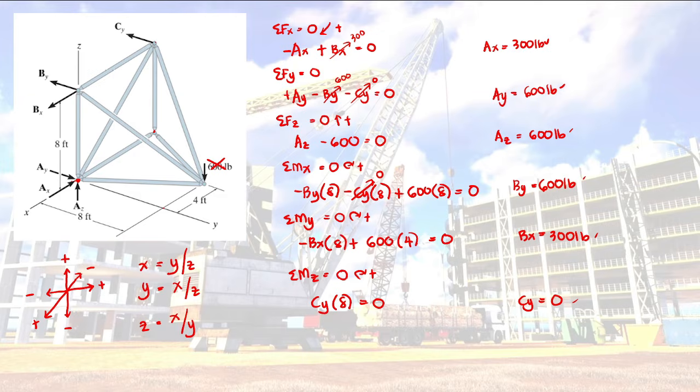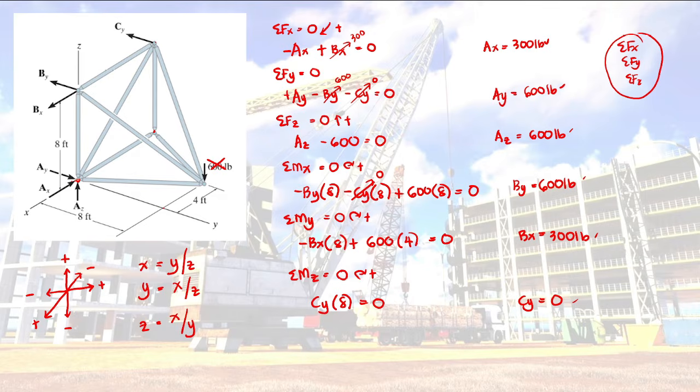Now, remember, sa method of joints, hindi tayo nagsa-summation moment. So, how many equations do we have in method of joints? So, we will have summation forces X, summation forces Y, and summation forces Z. We have 3 equations.